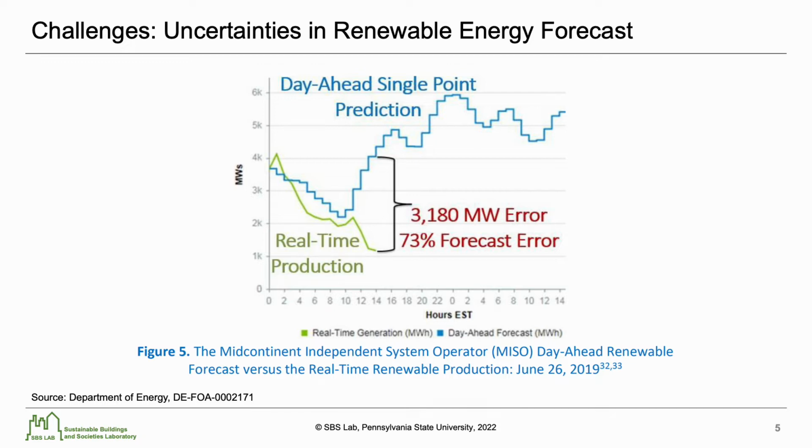As we can see from this figure, the data from the Midcontinent Independent System Operator in 2019 shows that when they do the day-ahead prediction, they overpredict the available renewable energy resource by 3,180 megawatts. This huge prediction error will make the operation of the power grid very challenging.